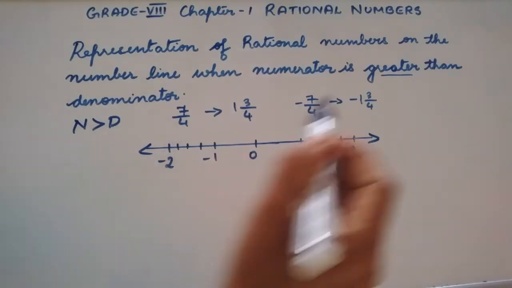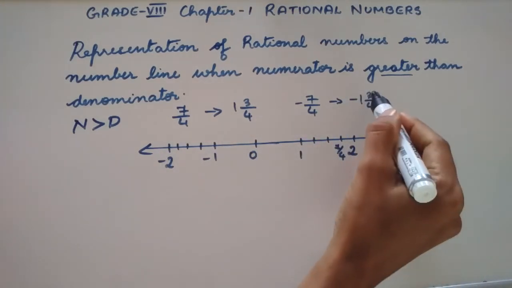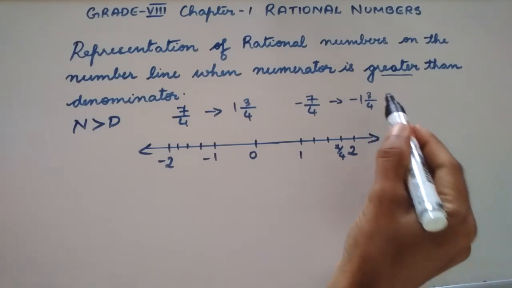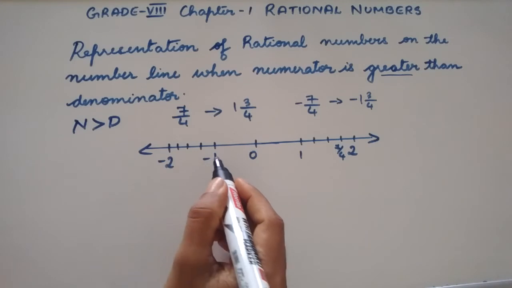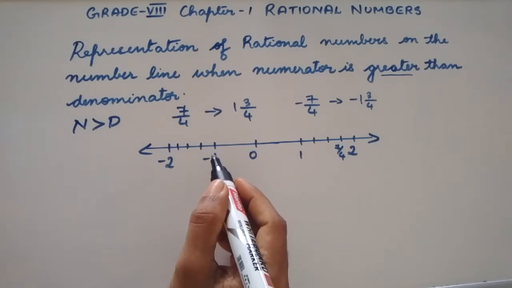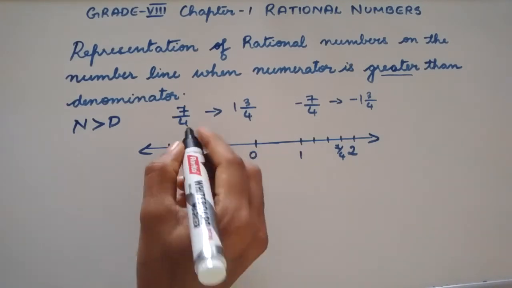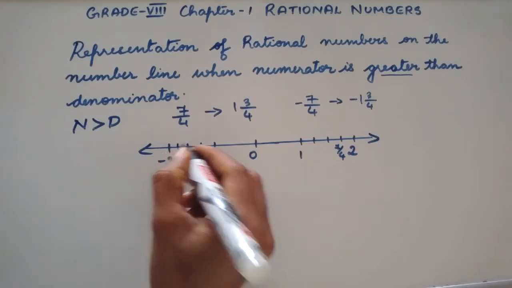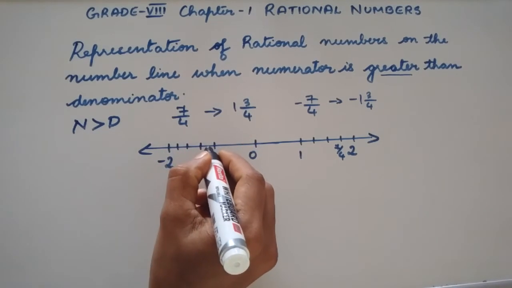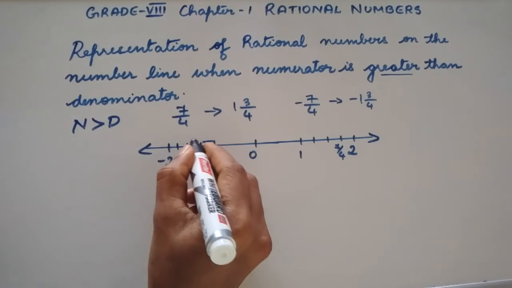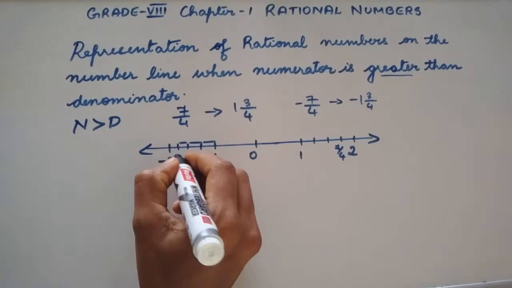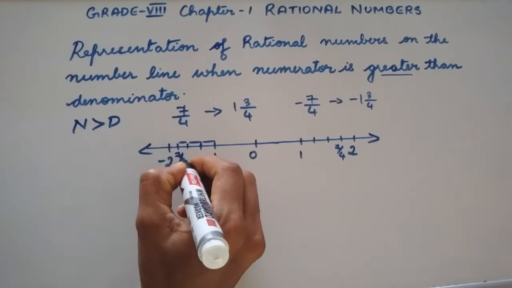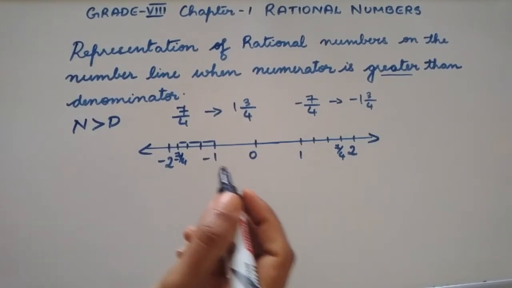Now the number 3 in the numerator tells us the number of parts from the number minus 1. So we mark minus 7 by 4 here, that is 3 parts away from minus 1. 1 part, 2 parts, 3 parts. So this will be minus 7 by 4.